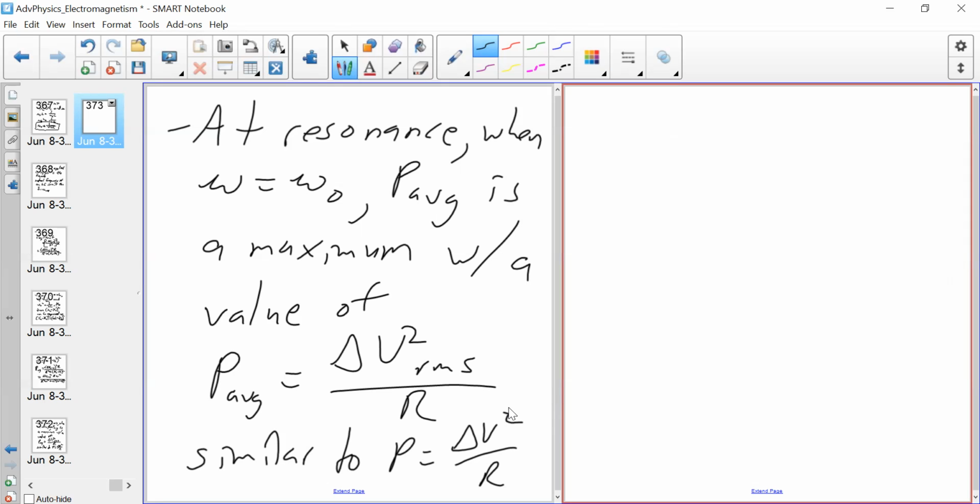I RMS goes to infinity as R goes to 0. As you get this thing in resonance, you can play around with your resistor values to make that RMS current even higher. Lower your resistance, you increase your RMS. So I'm going to graph a couple of deals here.